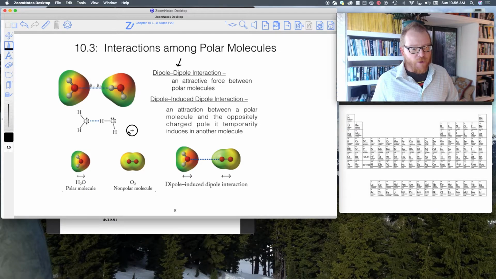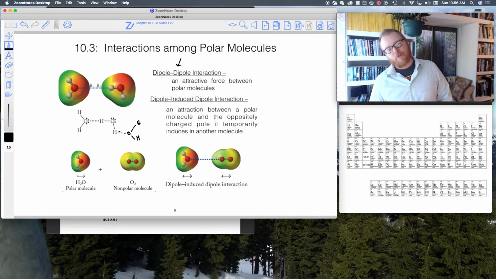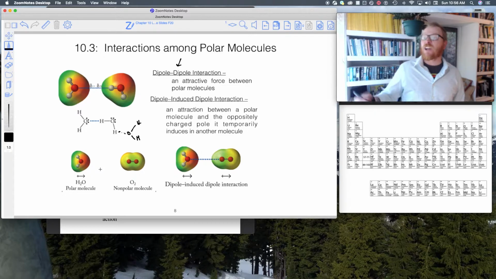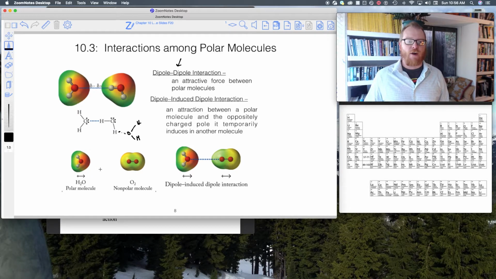I could draw another one right here, where that dotted line is showing you that interaction, that intermolecular force interaction, okay? And as it turns out, the dipole-dipole interaction is incredibly strong. And we have a special name for this type of interaction, specifically when it involves hydrogen. And I'll talk about that next.